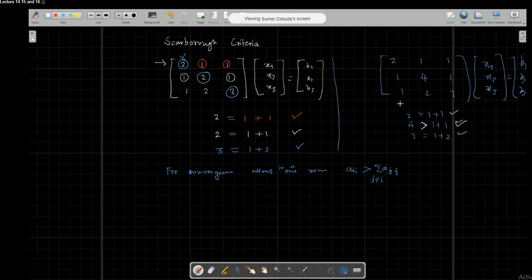So this particular matrix gives a guarantee, it is ensured that convergence is achievable.